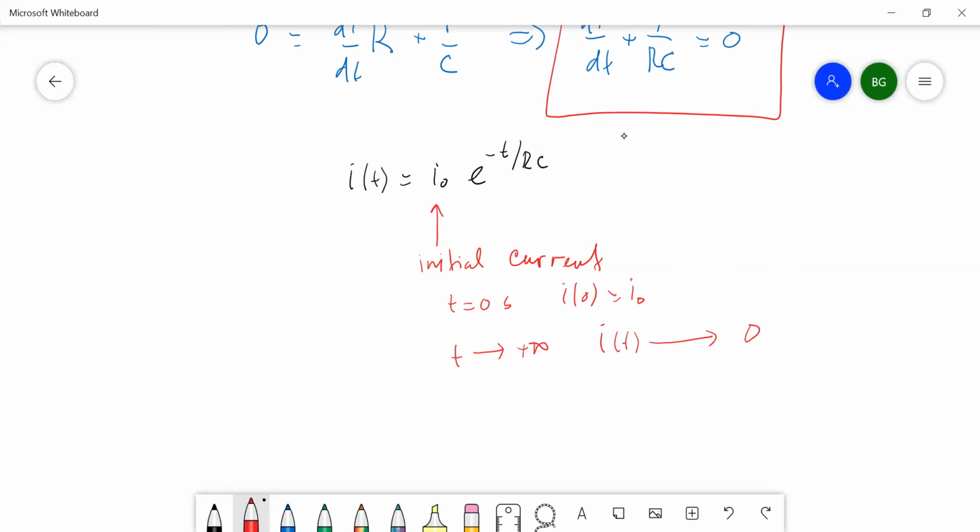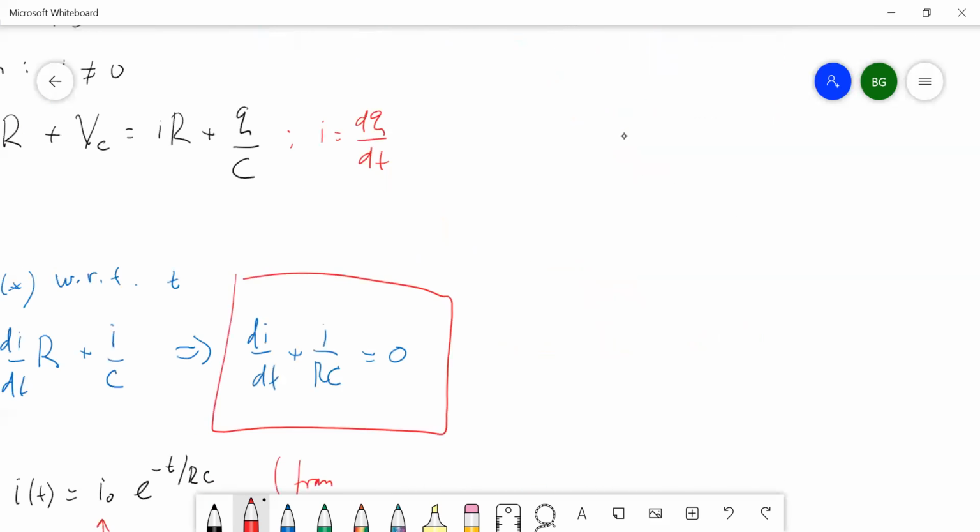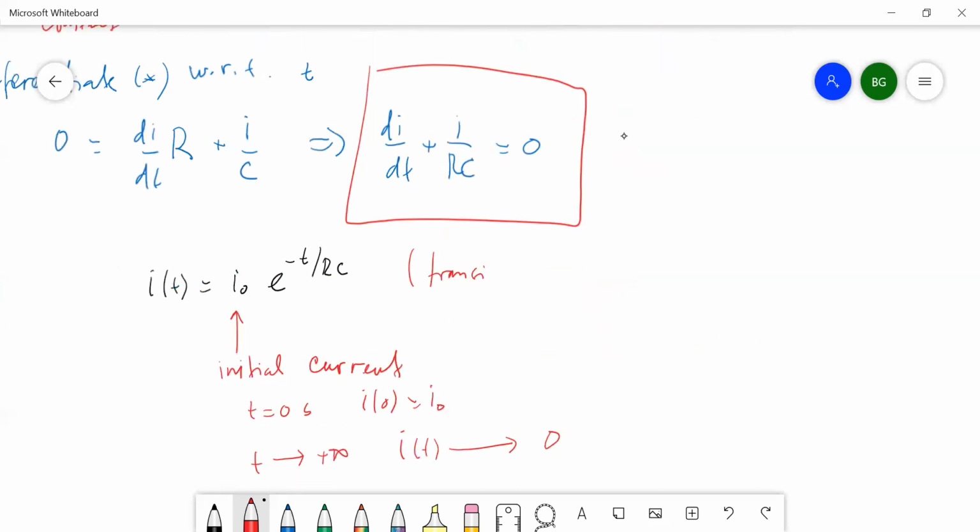It means that this is a transient current. Any question?